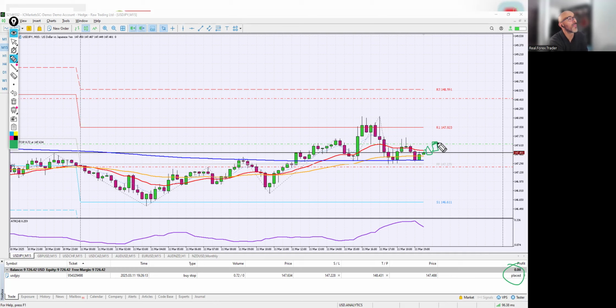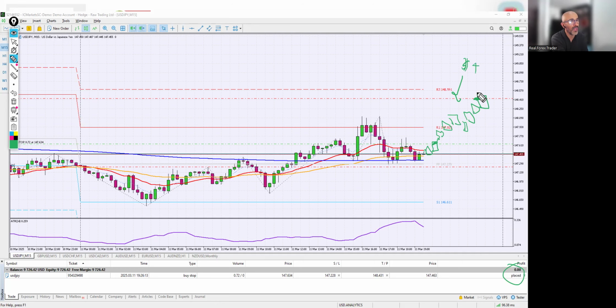So, let's suppose this one continues up, more. A little correction here, more, and reaches here. In the moment this candle hits here, my take profit is hit, and I'm going to make my positive money, right?